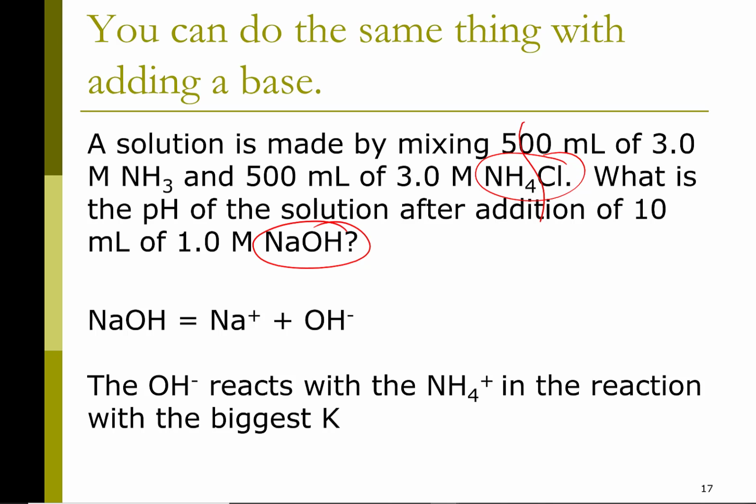And it's really the hydroxide now that reacts with the ammonium in, again, a neutralization reaction that is super freaking big. Right? The Ka of ammonium times the Kb of hydroxide, which is approximately infinite, divided by Kw will give me a super freaking big K.